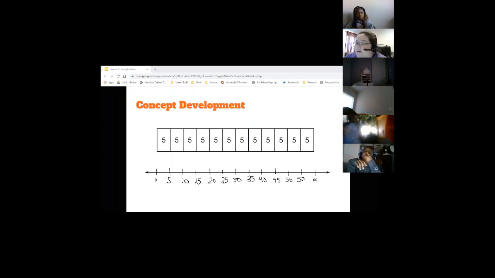So I'm going to draw that again with a little bit thicker line. So how many minutes do you think are between 0 and 20? You can type it in the chat, Mr. Kayvon. How many minutes are between 0 and 20?